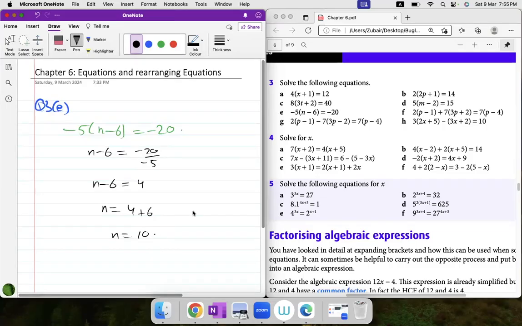Yeah. And do we have the same or a different method? You took 5 on the other side or multiplied inside the bracket? I multiplied inside the bracket, not the same method. Yeah, that's correct. We have different methods, but we end up with the same answer.